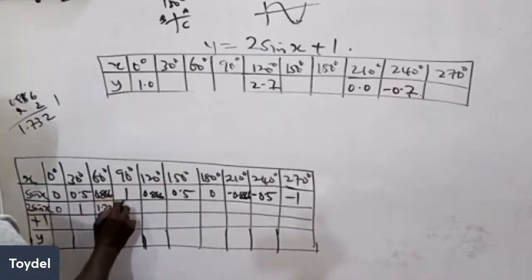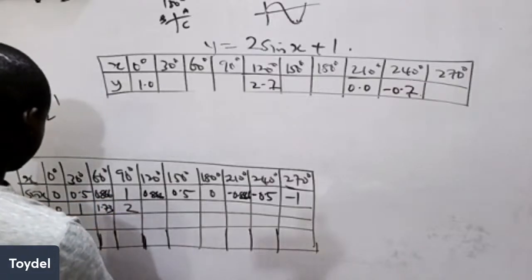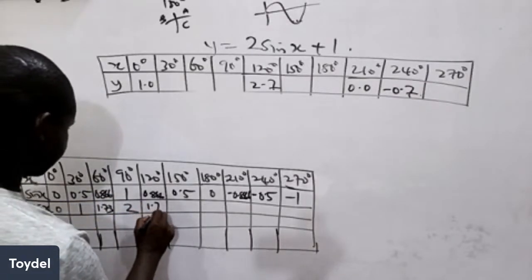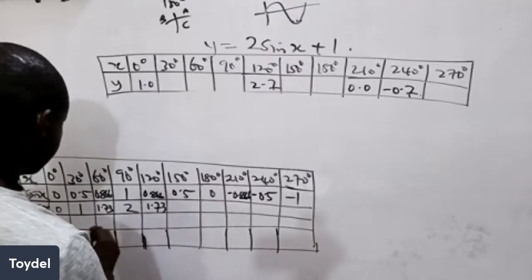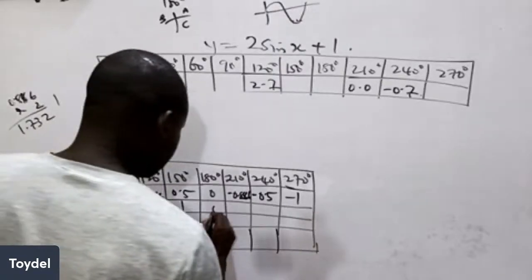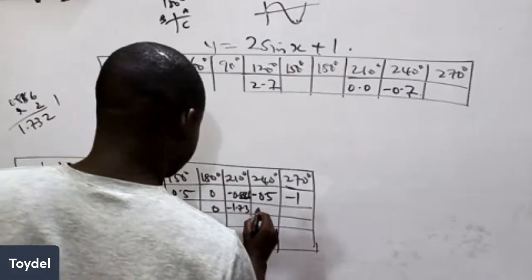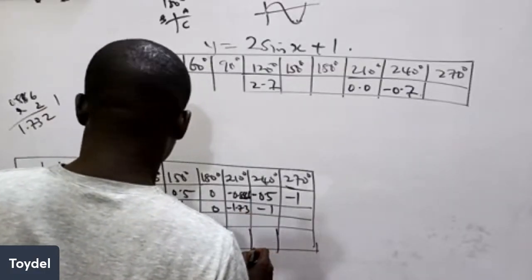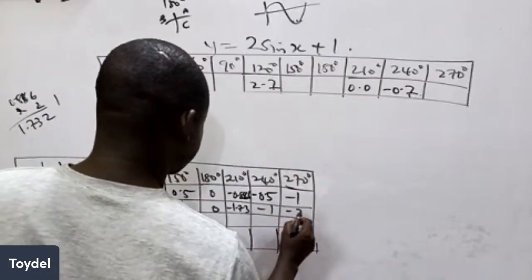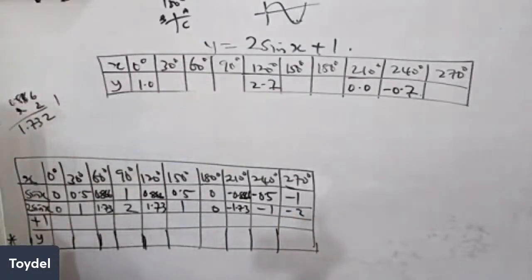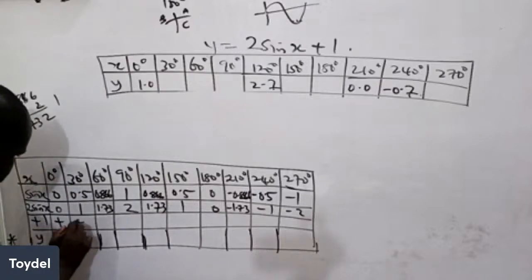Then 2 times 1 is 2. When you multiply, this is 1.73, here is 1, here is 0, here is minus 1.73, here is minus 1, here is minus 2.